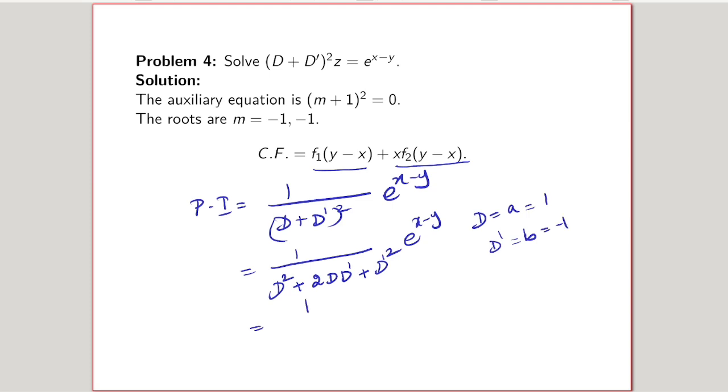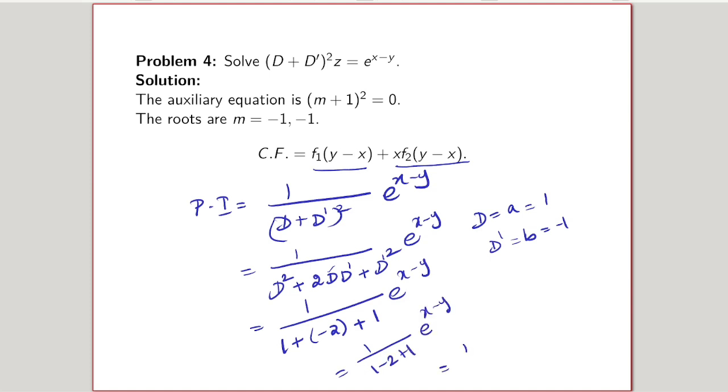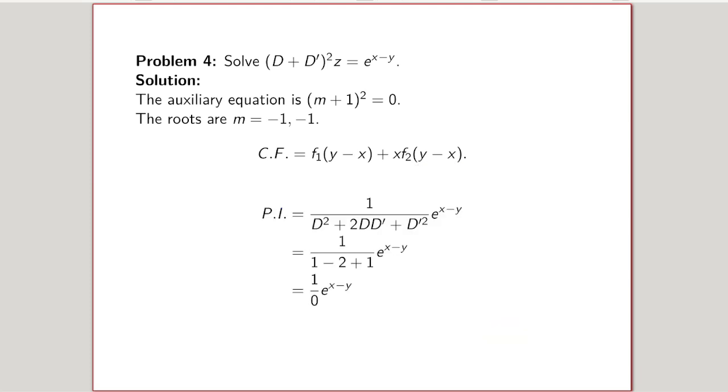So this is equal to 1 divided by 1 plus 2 into 1 into minus 1, so it will be minus 2, plus minus 1 the whole square, the value is 1, e power x minus y. This is equal to 1 by 1 minus 2 plus 1 into e power x minus y. This will be equal to 1 by 0 e power x minus y.